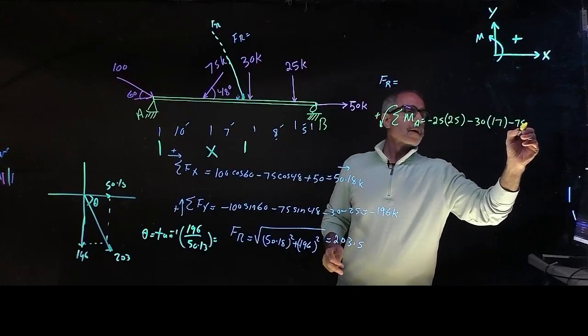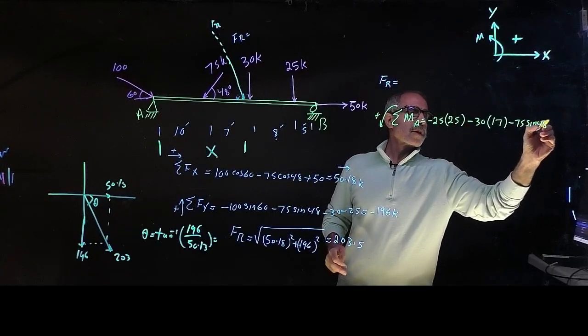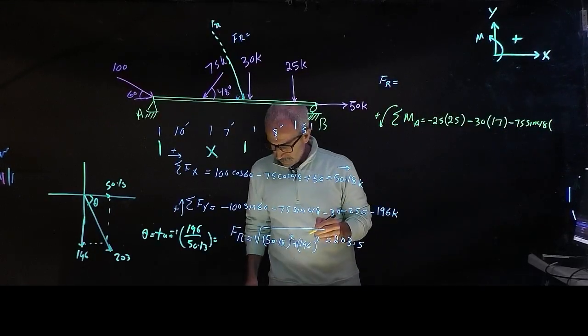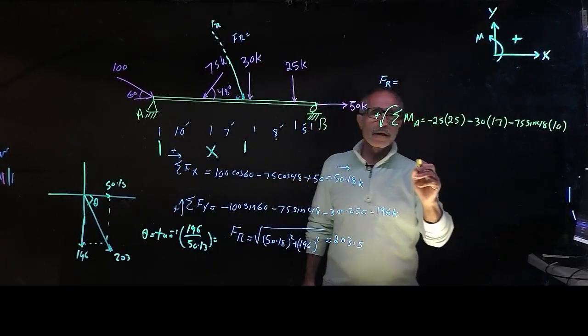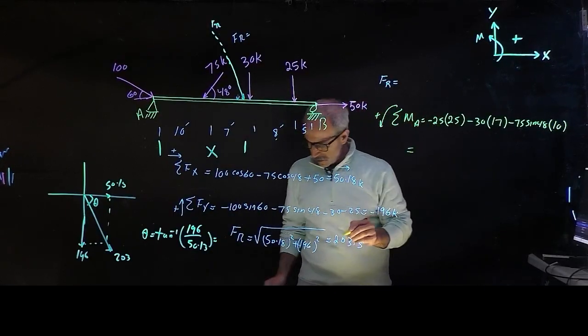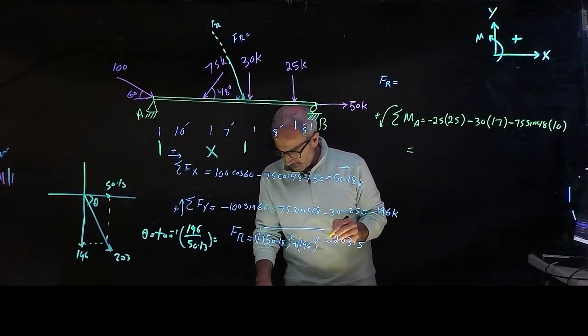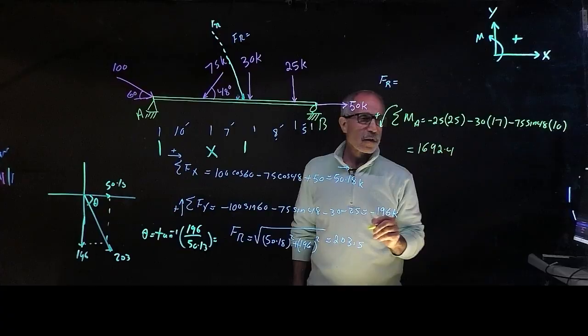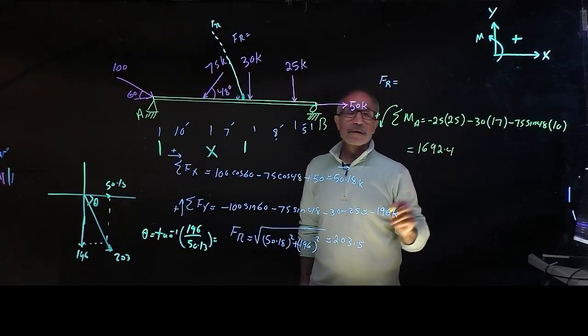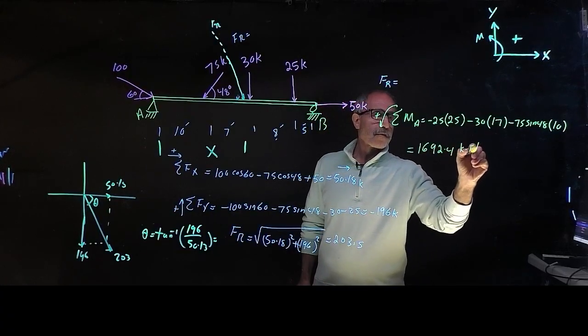And then I have minus 75 sine 48 times 10. And so that's equal to 1692.4 kip-feet.